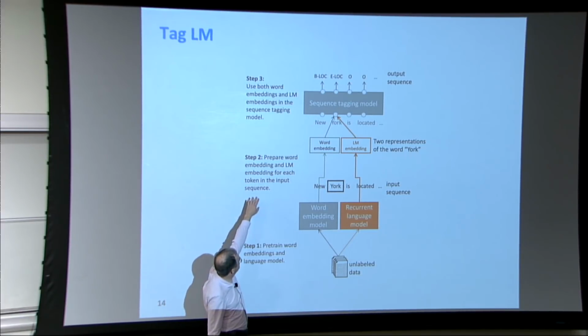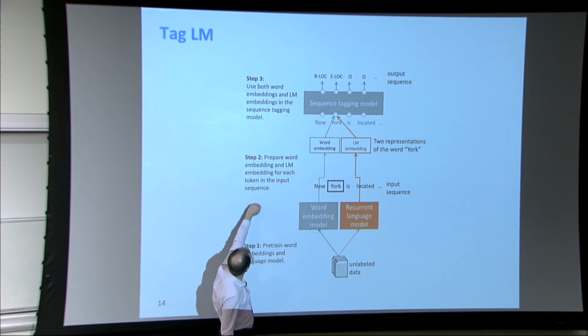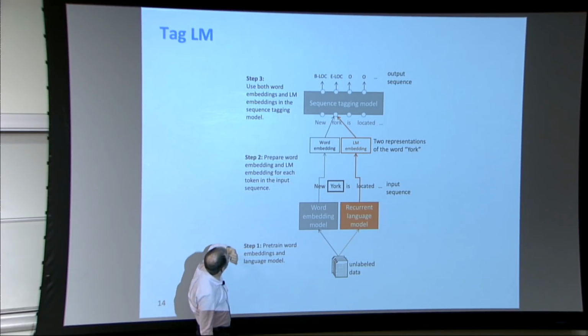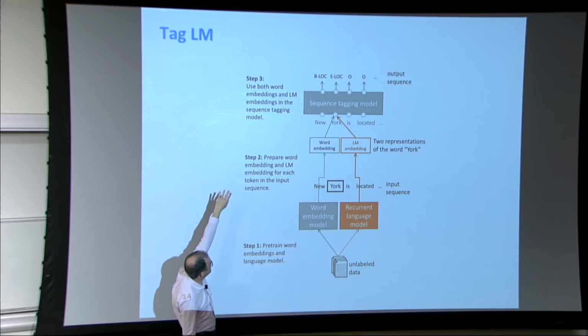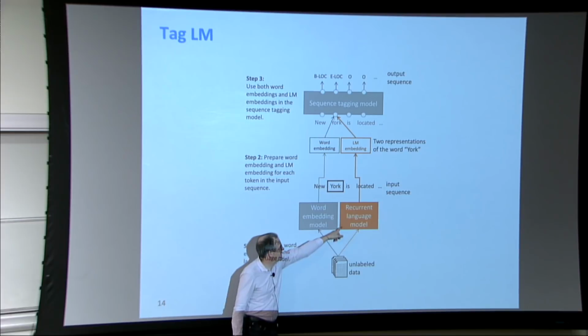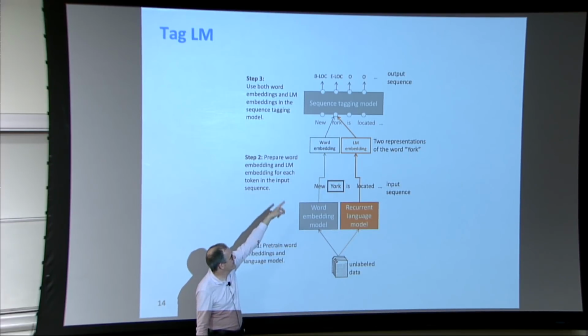Okay, so for step 2, when we're using our supervised data, actually I guess that's step 3. When we want to learn our supervised part of speech tagger up the top, for the input words, New York is located, we can not only use the word embedding, which is context independent, but we can use our trained recurrent language model and also run it over this input.